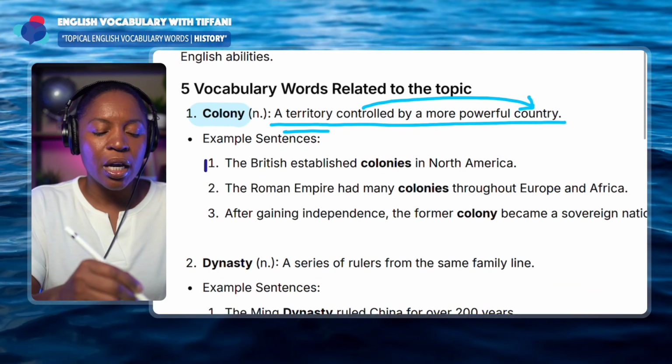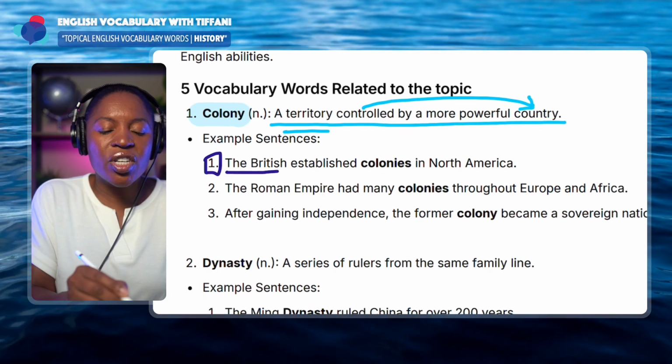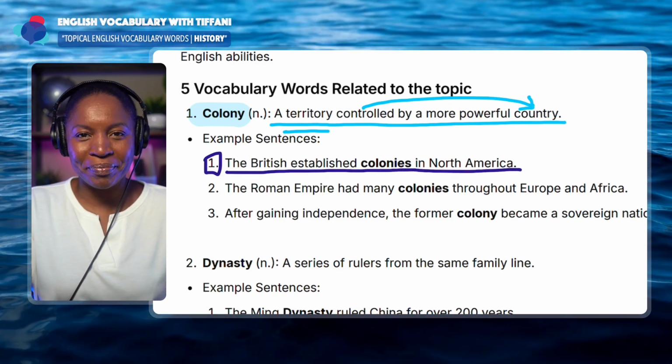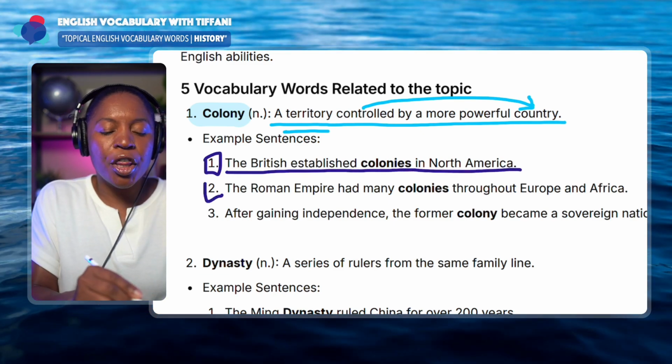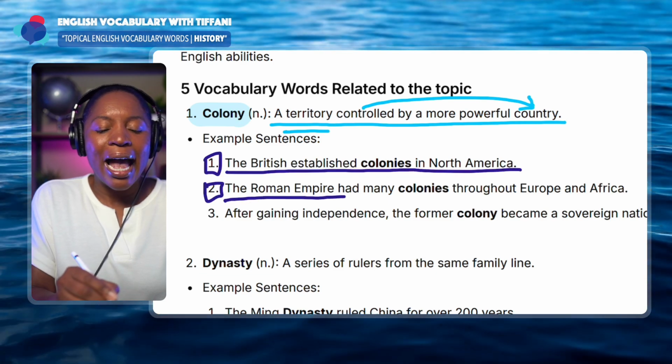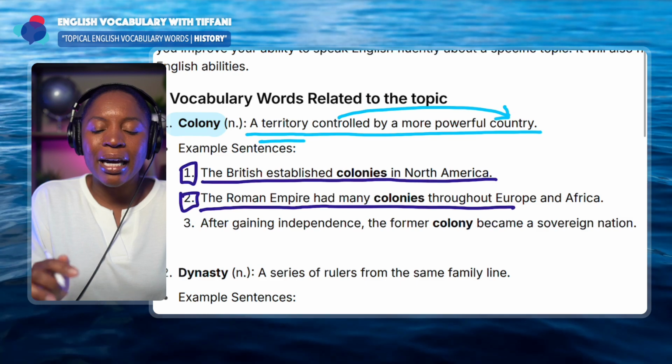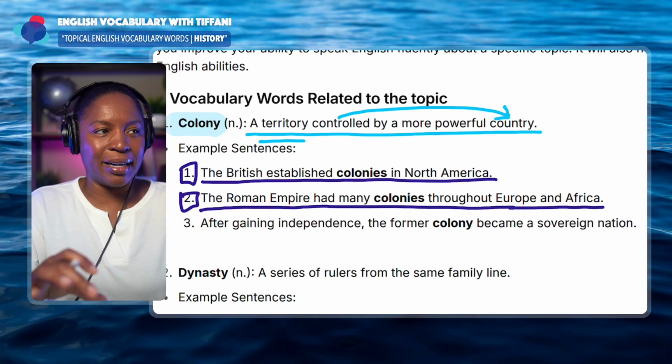Excellent. All right, so let's check out this first example sentence. Here we go. The British established colonies in North America. Next, the Roman Empire had many colonies throughout Europe and Africa.